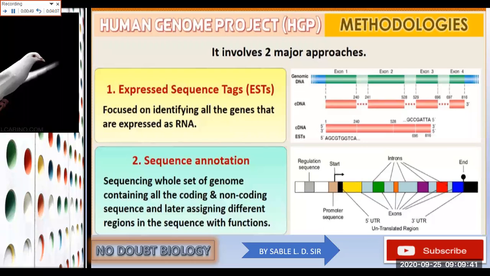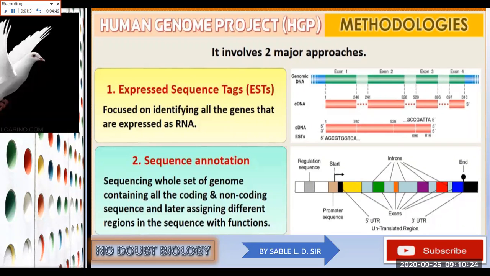What about the second approach? The second approach is sequence annotation. What do I mean by sequence annotation? In sequence annotation, the whole set of the genome is sequenced, containing all the coding, as we studied in the previous lecture, codons and coding, and the non-coding sequences, and later different regions in the sequence are assigned functions. Whatever set of code there is, it has a particular function and carries particular characters.